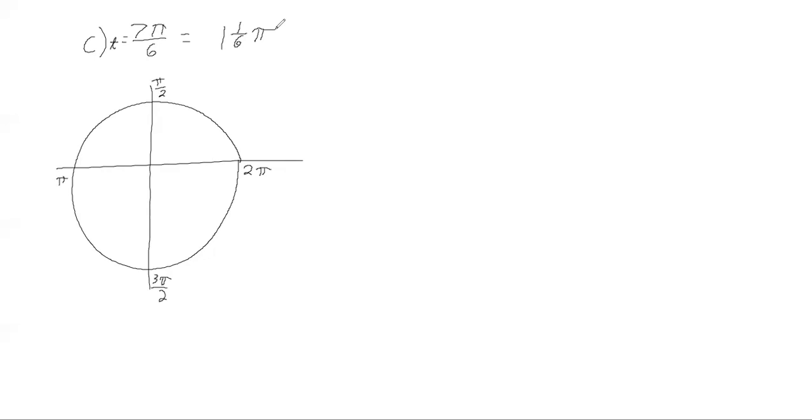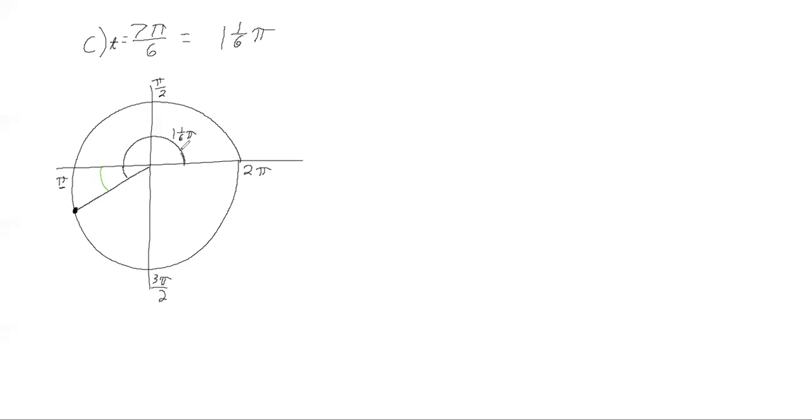So what does that mean? From here to here is 1 pi, right? But I want to go a 6 more, so I'm going to go this much more. And let me draw that. I got some point right there, okay? That's 1 and 1/6 pi, that theta value. Now, what is this reference angle going to be right here?